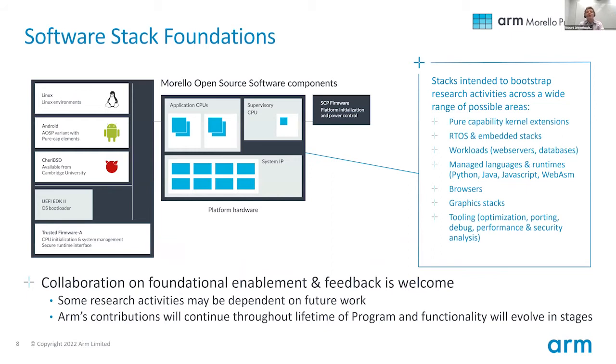The range of software available, Robert talked about how we've got that very much capability focused, CheriBSD. We've also got Android and Linux ported to this platform. UEFI and ARM's trusted firmware also all runs on it. So this is a really very capable board, capable system.